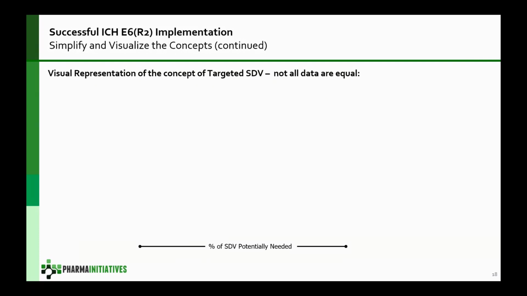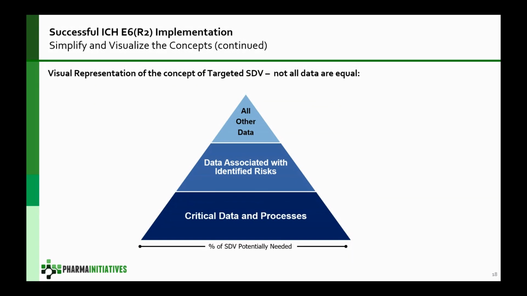By introducing this idea that there's maybe 100% potential SDV that could be needed, if that's what this line represents, you have a visual representation of how critical data and processes, which is the first thing we identify as part of the quality management system, get SDV to the fullest degree possible, because by definition they're critical. Then we have data associated with identified risks. Those we want to monitor at a higher degree than data that's not critical and not associated with an identifiable risk, and that's all the remaining data.